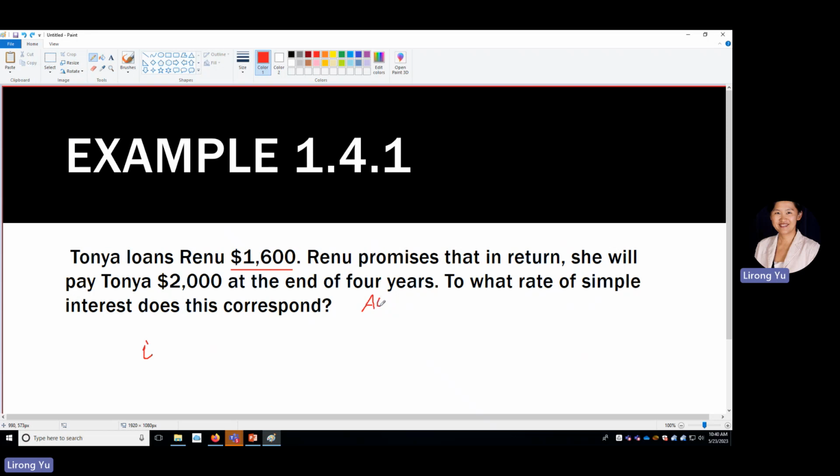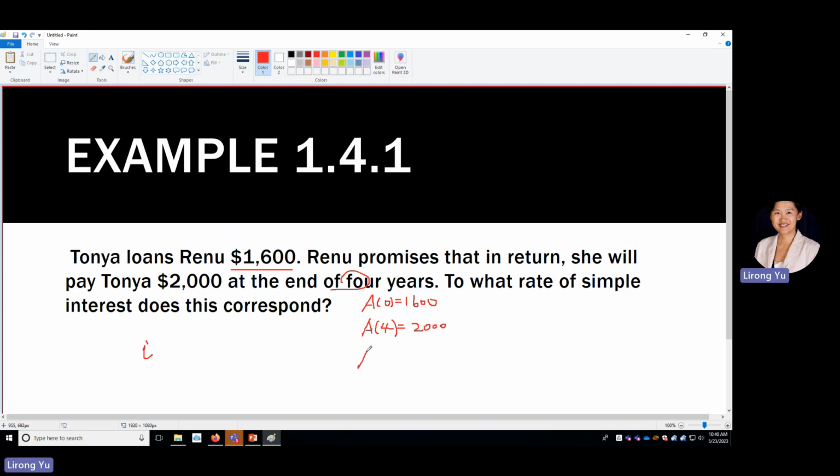Let's just call that A_0 equal to 1,600, and we have a 4, in 4 years. So we have A_4. We try to match this with our model, and that gave us 2,000.